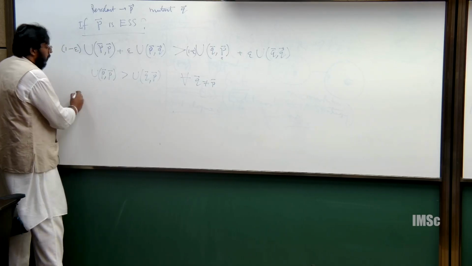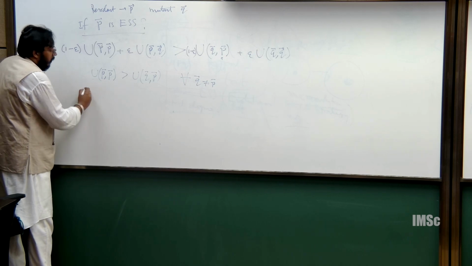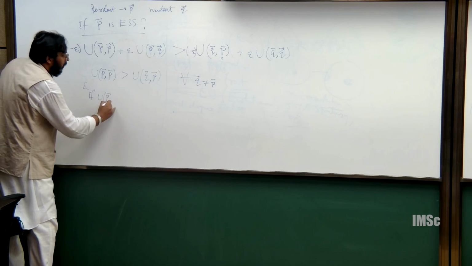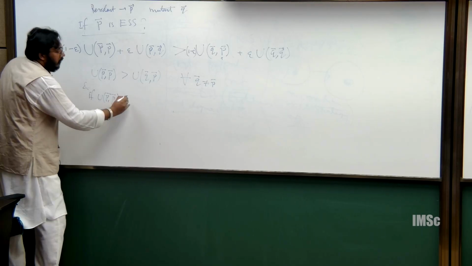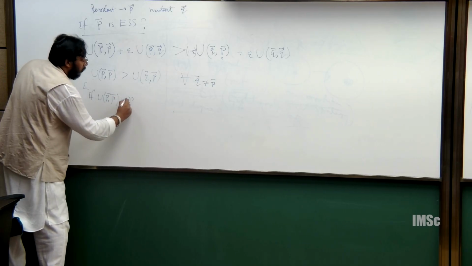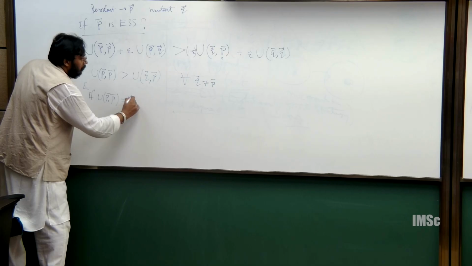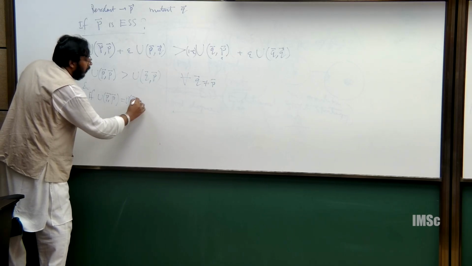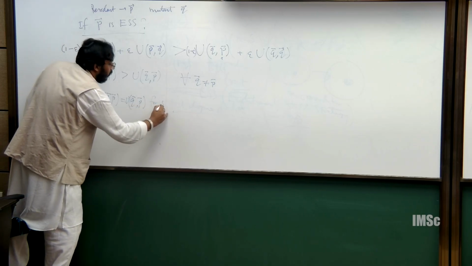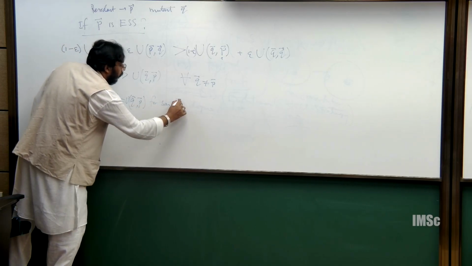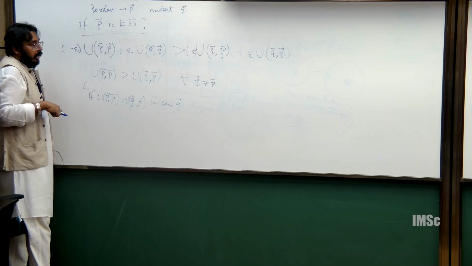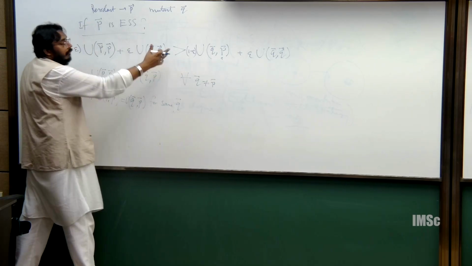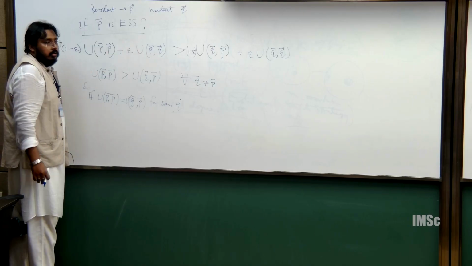But suppose U P P is equal to U Q P for some Q, then what do I do? Because now these two are equal, so of course I have to check the other part.